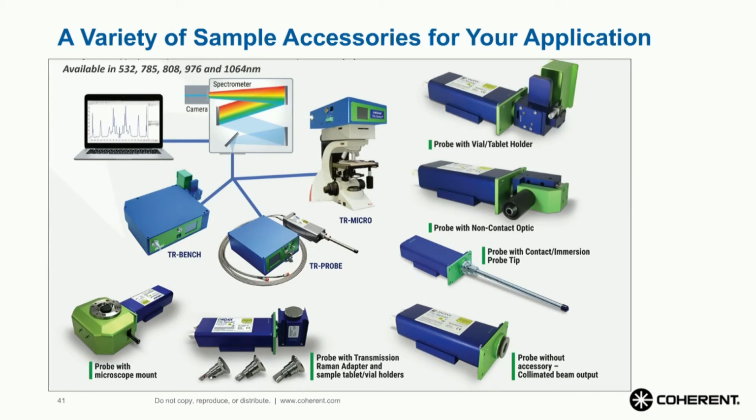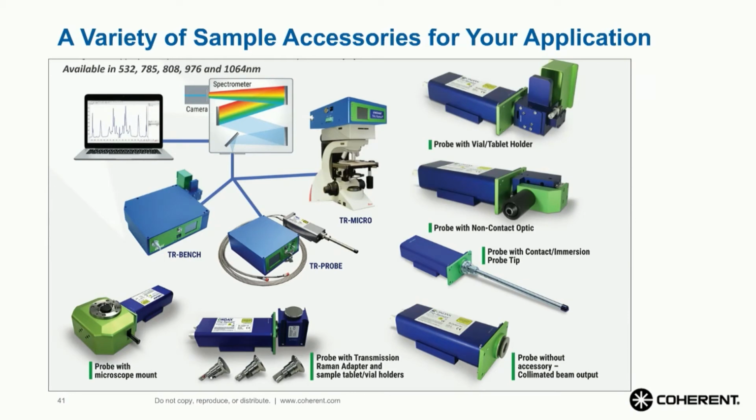Below that, we have the contact immersion probe tip to be able to immerse it directly into a reaction vessel or come in direct contact with the system. So the difference between the non-contact versus the probe tip is really whether you want a longer working distance or a shorter working distance to interact with the sample.